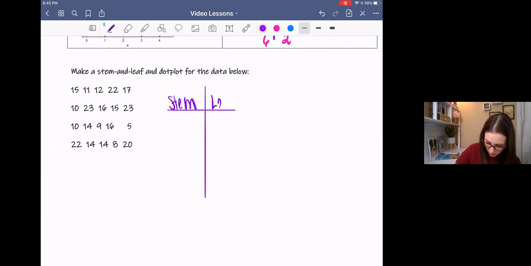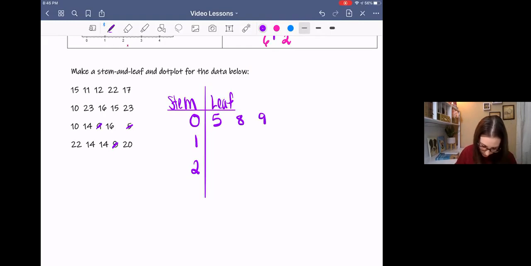So like that. Okay, it looks like I have 5, 10s, 20s. I don't see any 30s. So I'm going to put a 0, 1, 2. My 0 is going to be the 5, 8, 9.